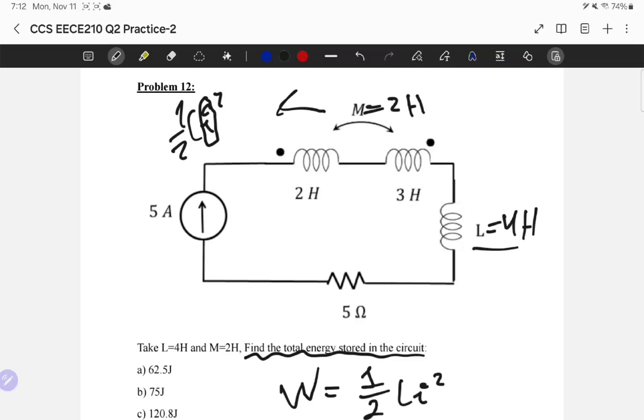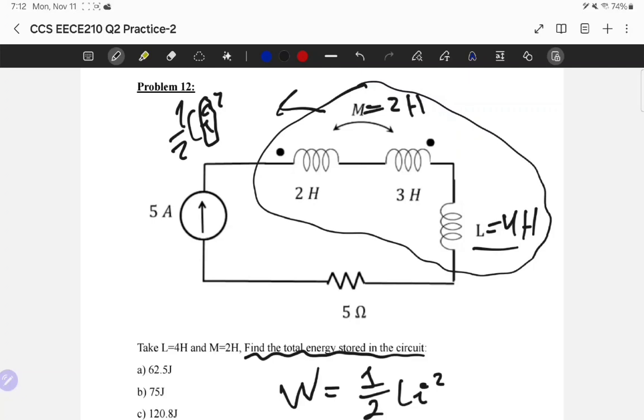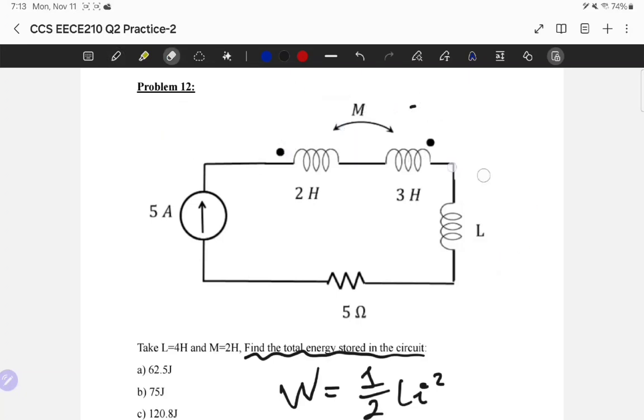So how about we go and replace all of this section by a single inductor that mimics the role of all of the 3 inductors and the mutual inductance in the middle. And how do I do that?